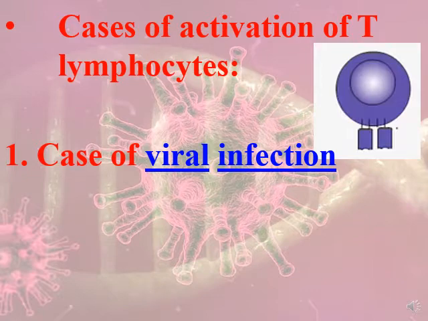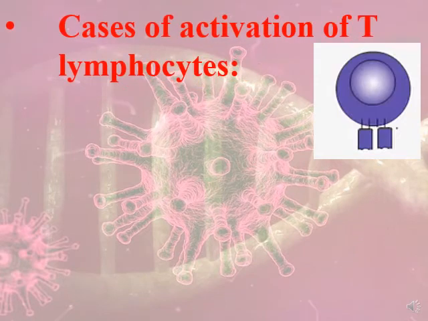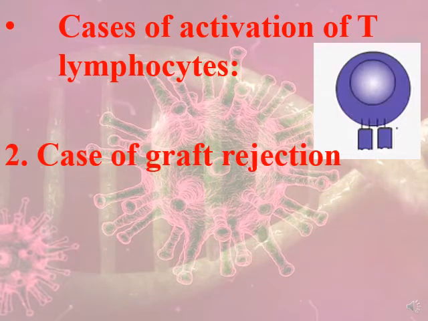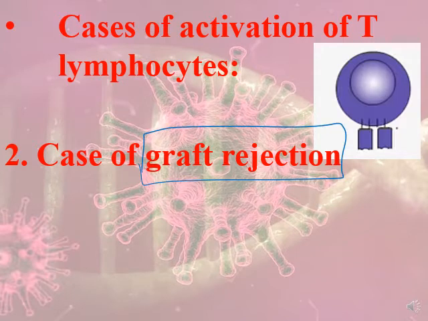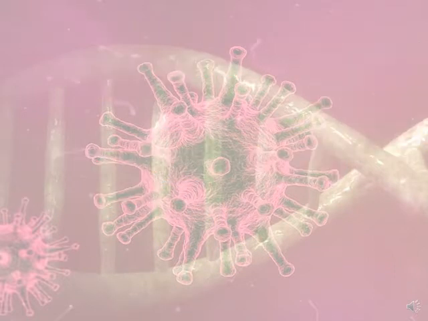In the case of a viral infection, or in the case of graft rejection, for example an allograft or xenograft. When the graft is rejected, T lymphocytes are activated. So: viral infection and graft rejection.